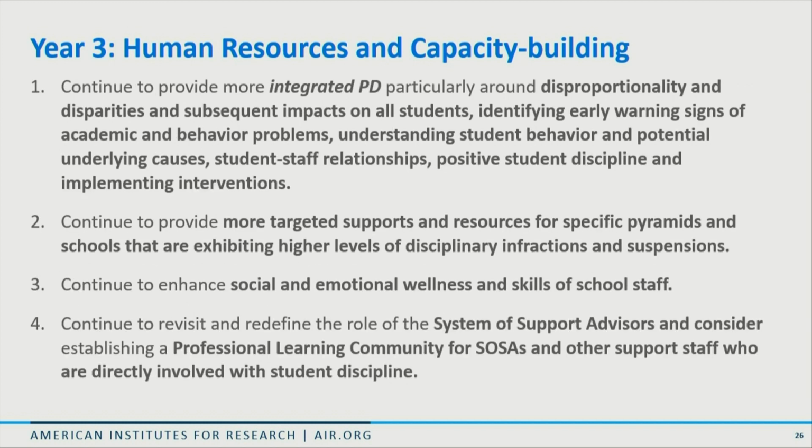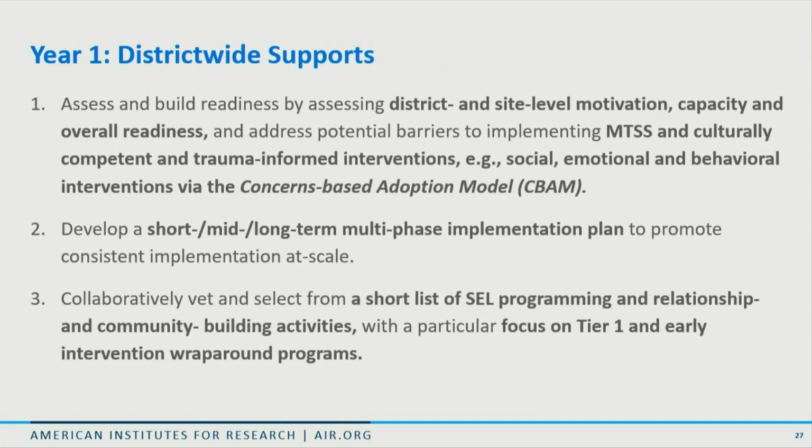Next slide. And in year 3, continue to provide the integrated preventative development, continue to provide the more targeted supports, continue to enhance social emotional wellness, and continue to revisit and redefine the system of support advisors.